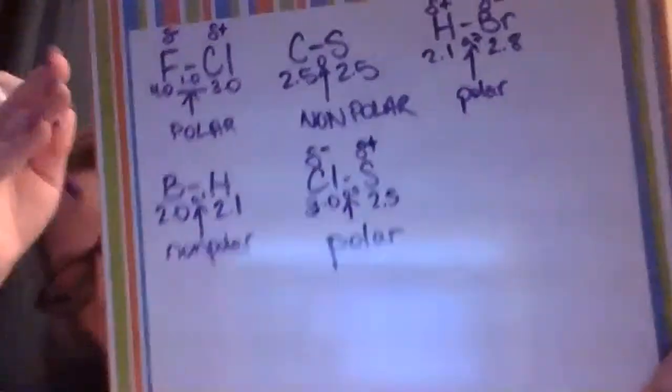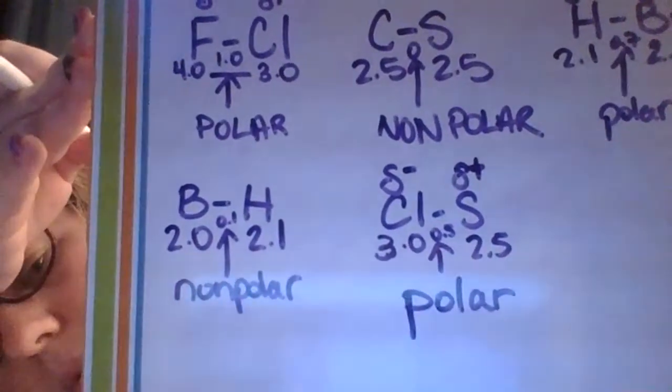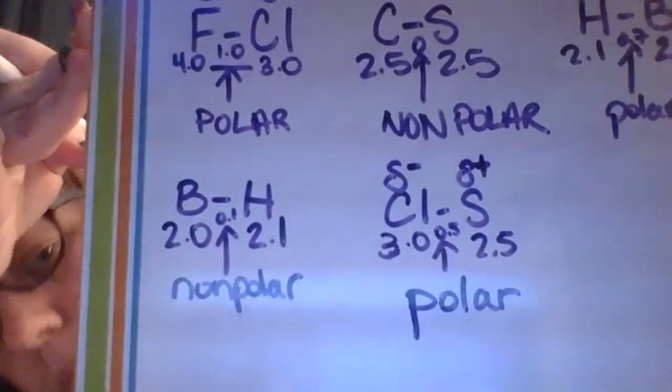Chlorine is 3.0, sulfur is 2.5. That makes the difference 0.5. They are just over nonpolar, making it a polar bond. I have that all written out right there. 0.5 equals polar. Chlorine is the more electronegative atom.